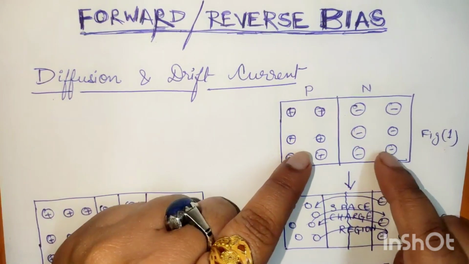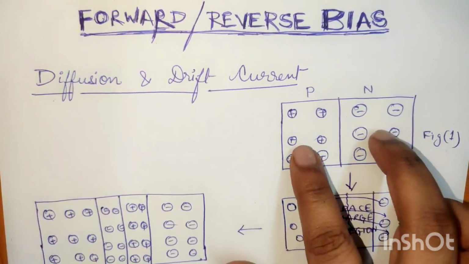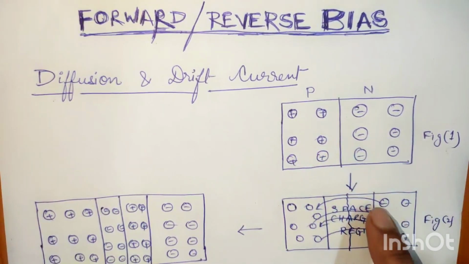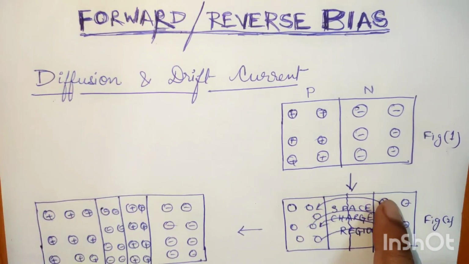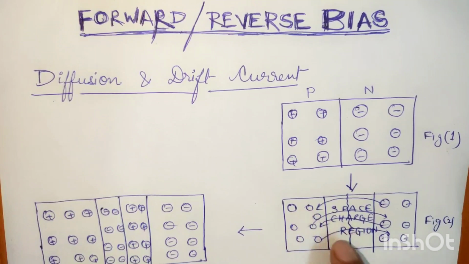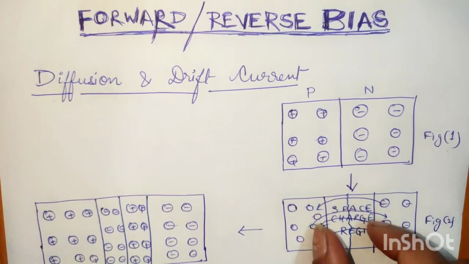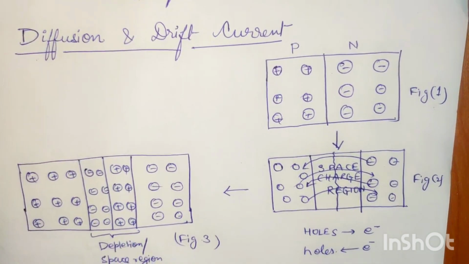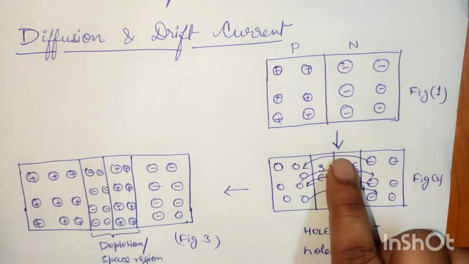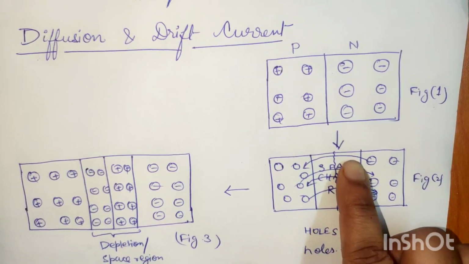Without an electric field, due to the concentration gradient, the electrons automatically start moving towards the holes, or you can say they get attracted towards the holes, and the holes also move towards the electrons and they start recombining. So we get a space charge region. This is also called the depletion region. Depletion region means here all the majority carriers and the minority carriers are absent.